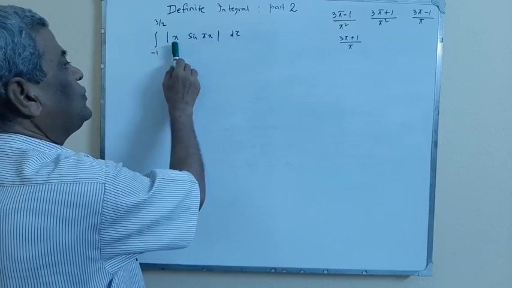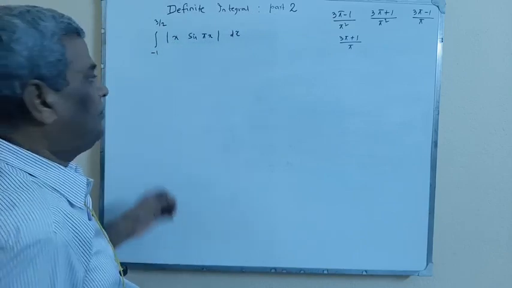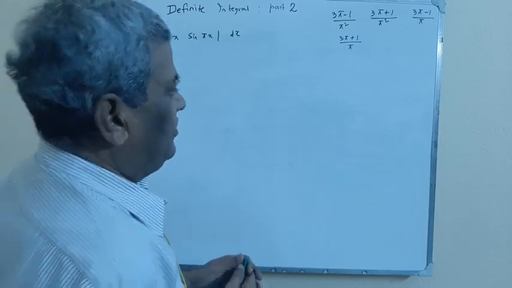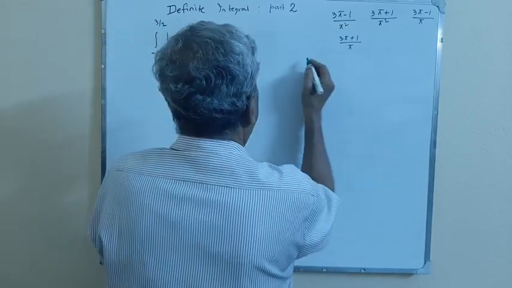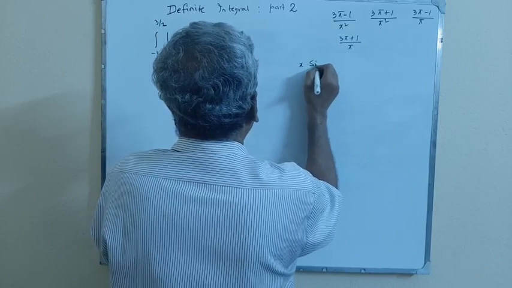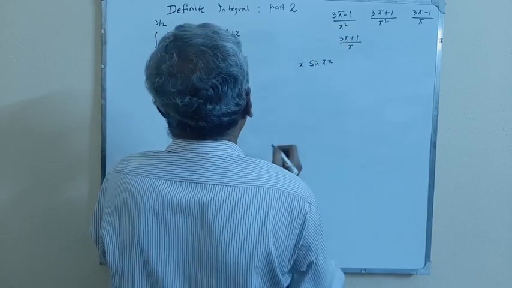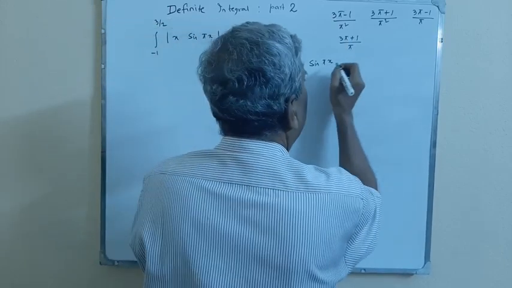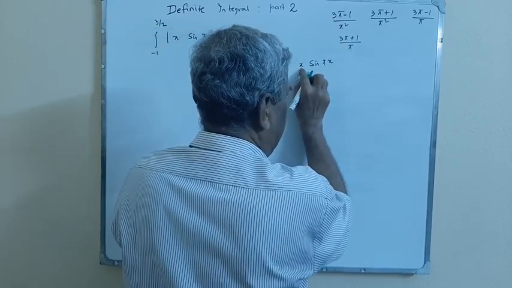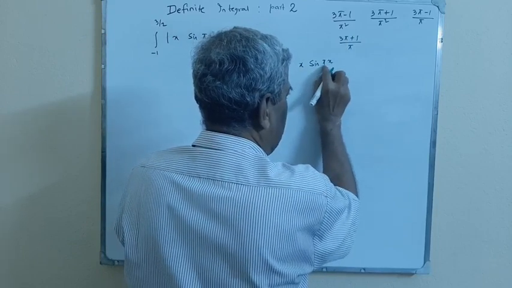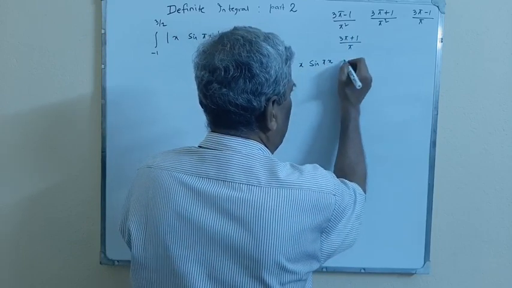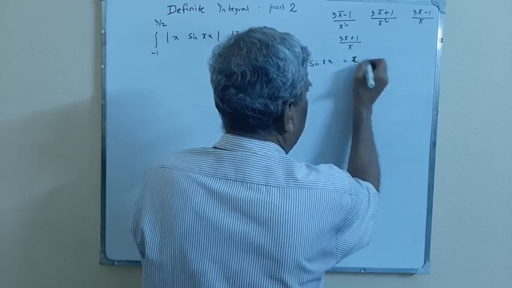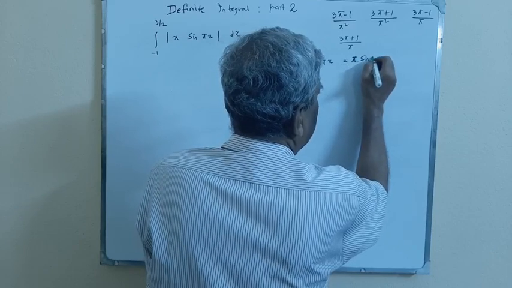Now, because it is a mod function, let us see in that interval where it is positive and where it is negative. I calculate it separately. X sine pi x between -1 and 0: x itself is negative and sine pi x is negative, so the product is positive, so it will be x sine of pi x.